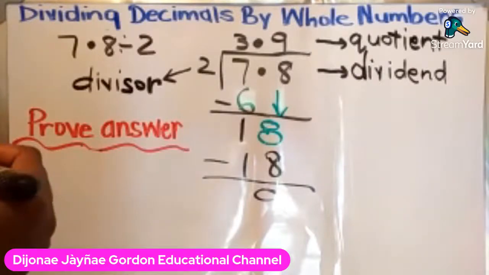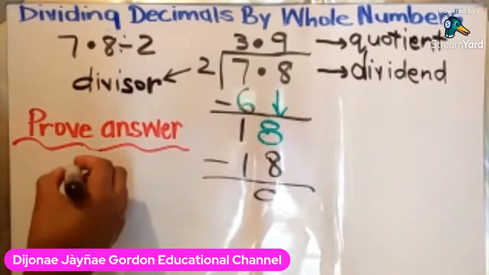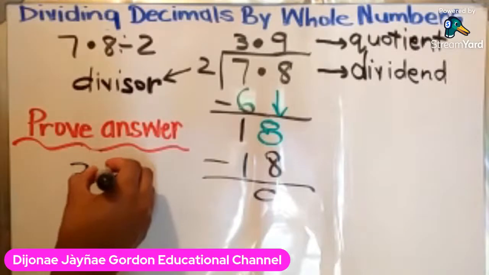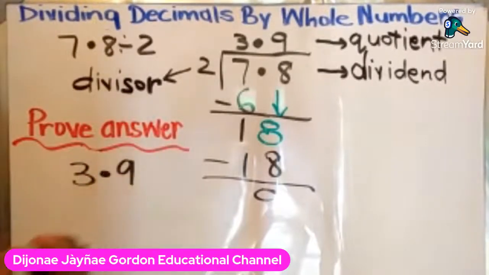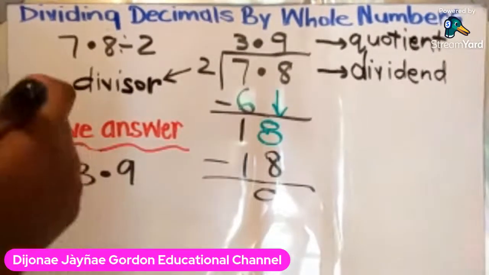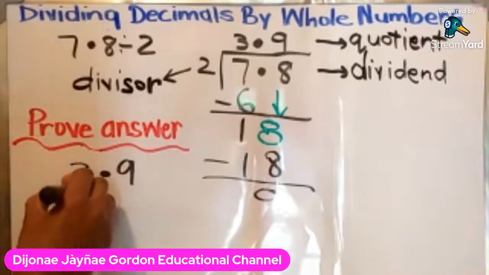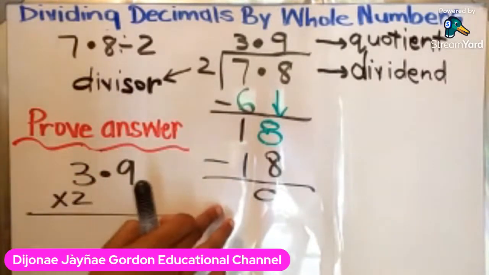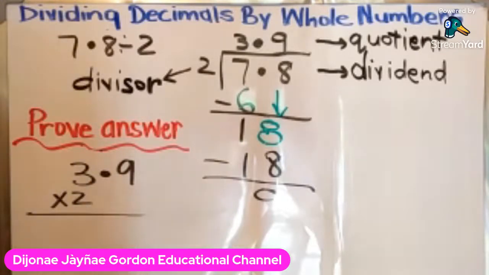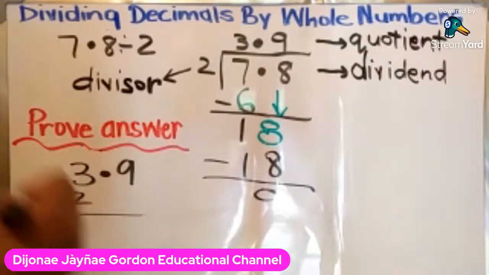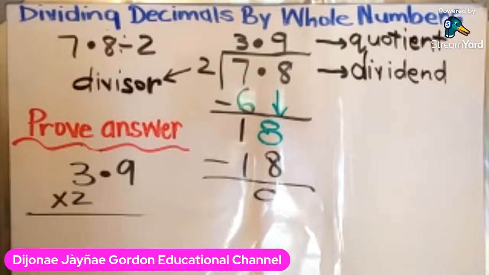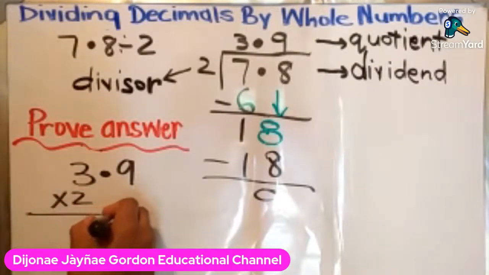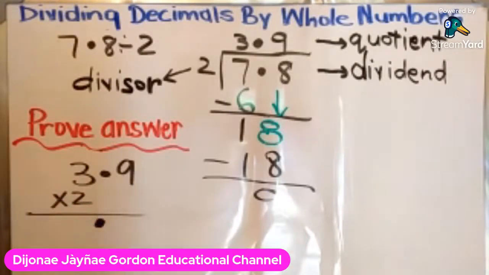So we're going to do a check to see if our quotient is correct. We take our quotient, which is 3.9, and of course, we are going to multiply it by 2, which is our divisor. First, it is a decimal that you're multiplying, so put your decimal place.